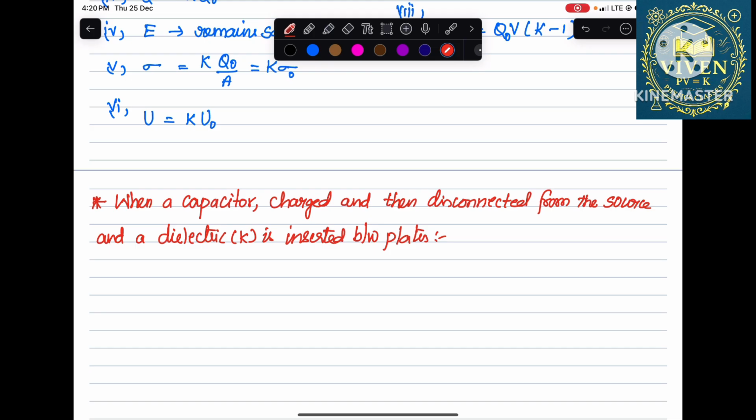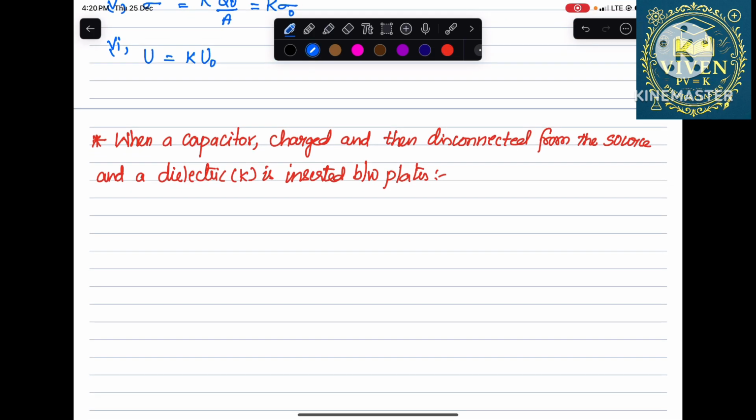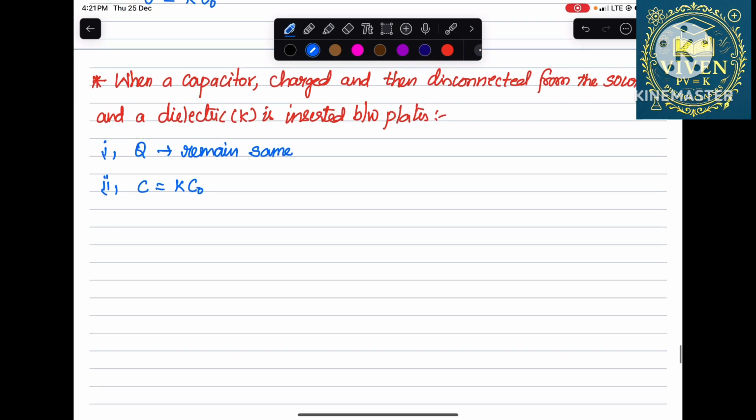These conclusions will help you a lot, guys. First, charge Q remains the same. And second, capacitance changes, becomes K times C naught.